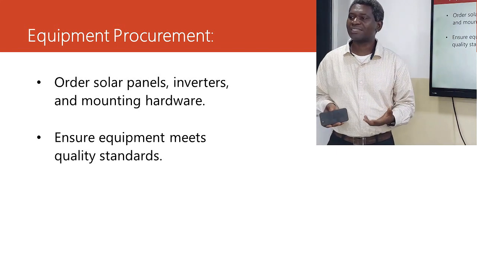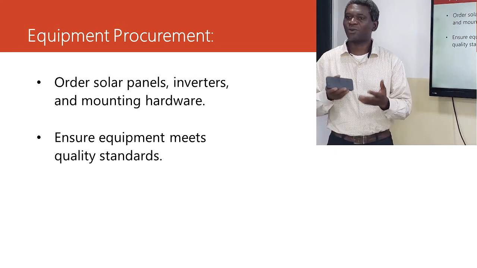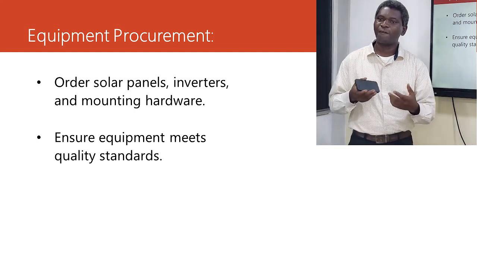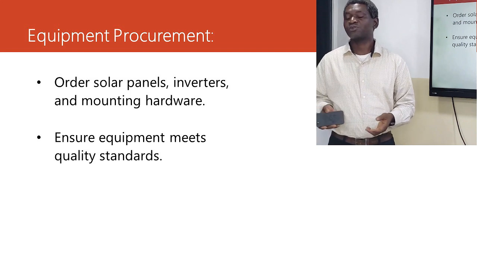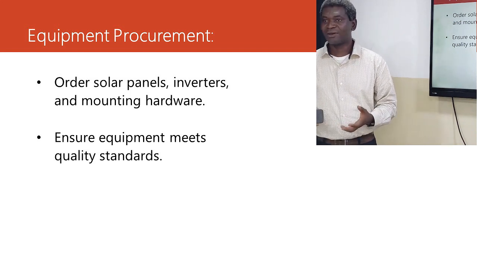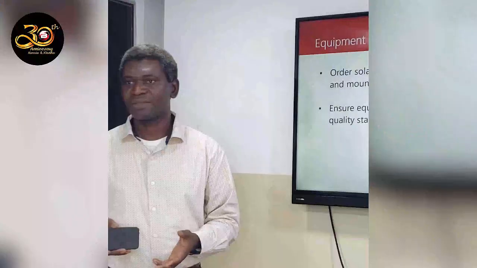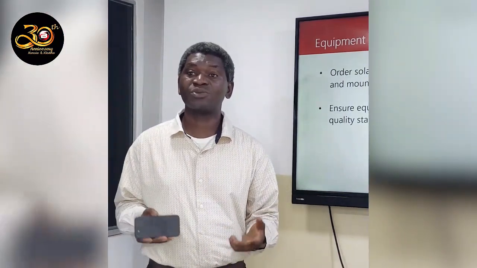So ensure that what procurement is giving to you is, number one, quality standard. Number two, it can deliver what you want to do. So this rests upon the shoulder of the installer on site. You have every right to say what you are giving to me will not work.